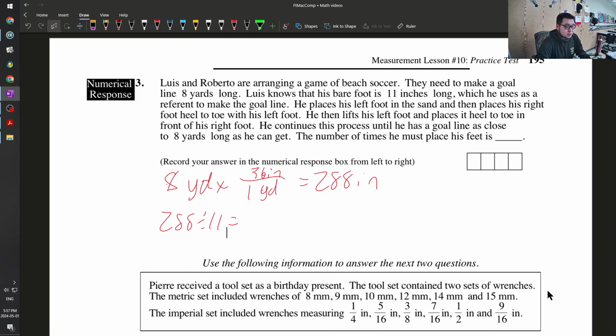You get 26.18 times. Because we want to get as close as possible, we just put it 26 times instead, because if we put it down 27 times, then it will be too much. So 26.